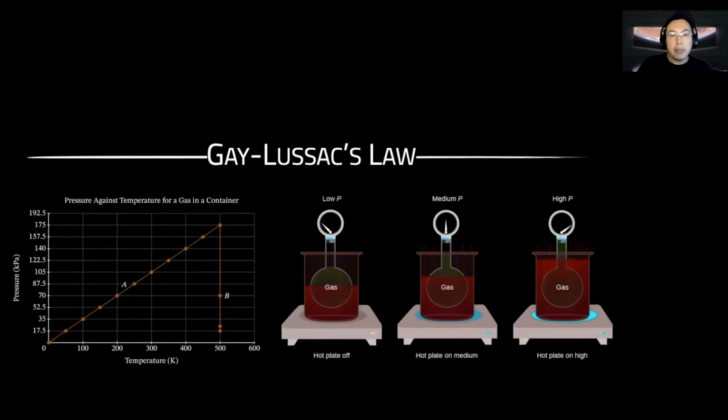We saw this in the lab, represented by the hot plate, or, well, it was actually fire. You had fire and you were heating up a can, right? The way that the fire heated up the can gradually increased the pressure found within the can.